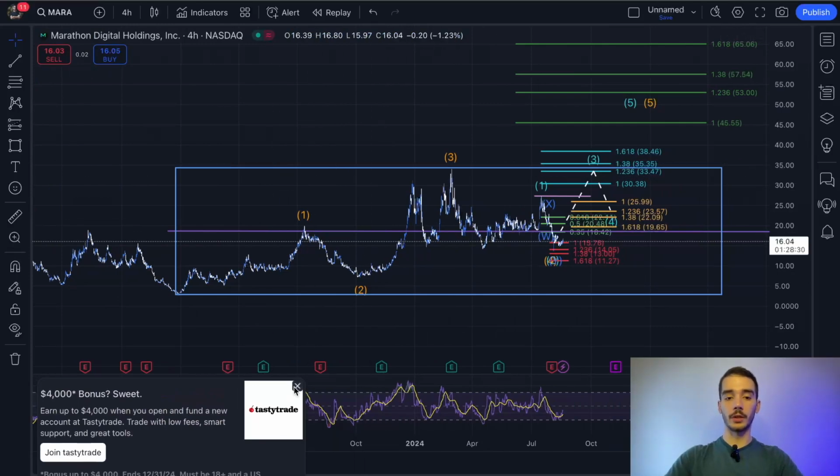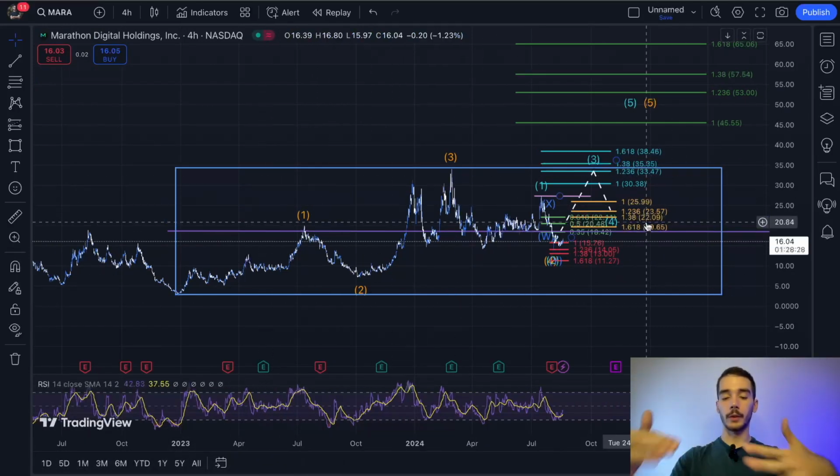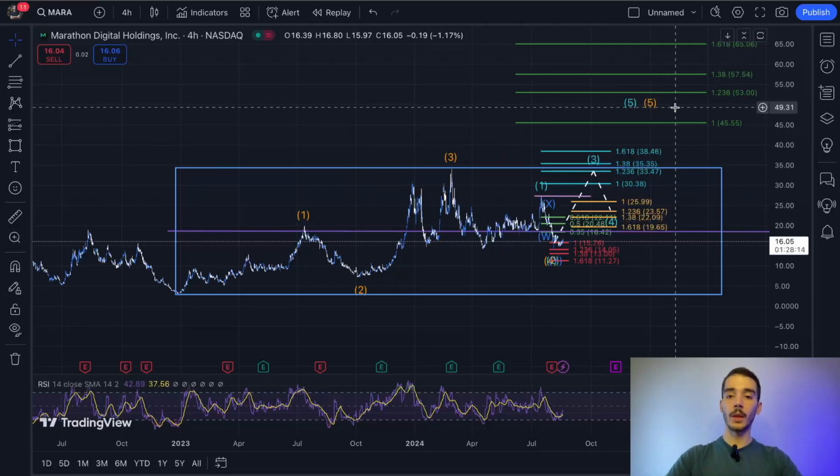Trade channel being, of course, the channel we're in. So we're trading in discounted levels, which is very good, especially since we are on the last corrective wave for this 5-wave move up.